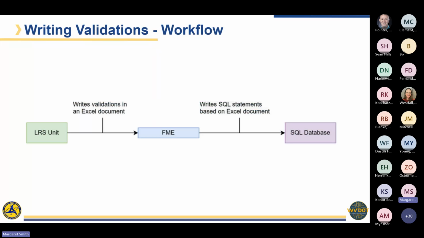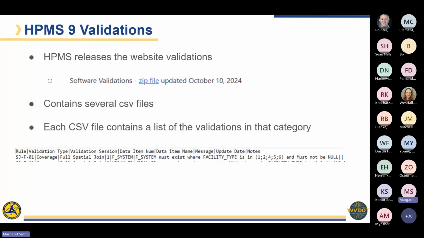So when I say HPMS, I mean specifically this like HPMS 9 validations. HPMS and FHWA will release their validations in a zip file that's updated periodically, and we will be on the search for it.